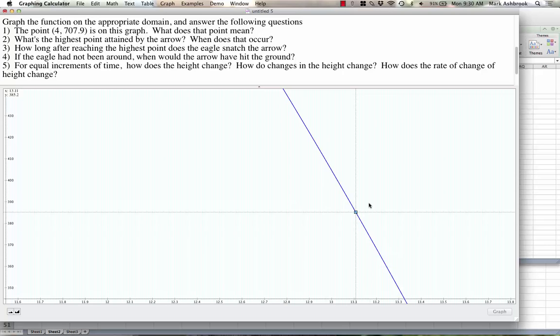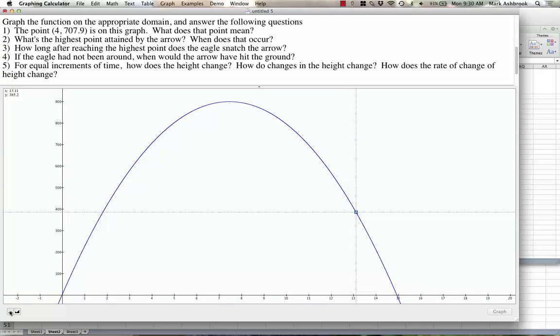So that's how long after reaching the highest point does the eagle snatch the arrow? Is it 13.11 seconds? Yeah, 13.13. And then the height where the highest point calculates out to 7.4.